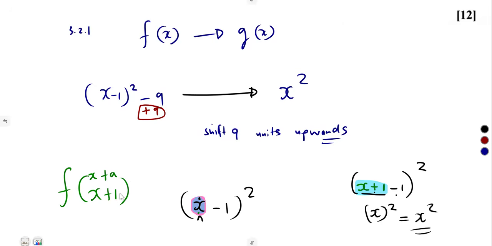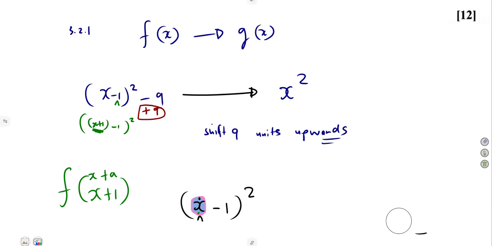Remember, inside f of, x opposes the meaning of what is happening. So if it is a plus, it means we are going to the left. So plus 1 means we are going to the left. This is the one that neutralized our minus 1. We substituted x plus 1 there. So this f of x plus 1 is a transformation that happened.